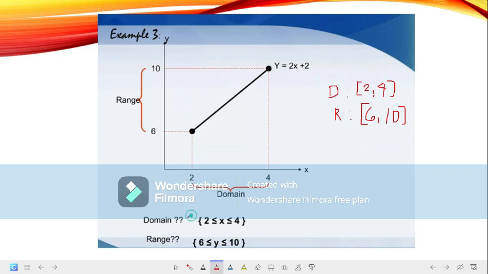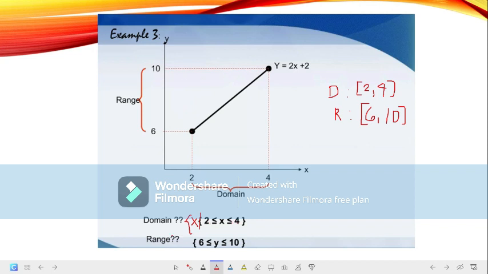So we will just add braces here, then x, the set of all x's such that x is greater than or equal to 2 and less than or equal to 4. Okay, so this tells us that 2 and 4 are included in the set.